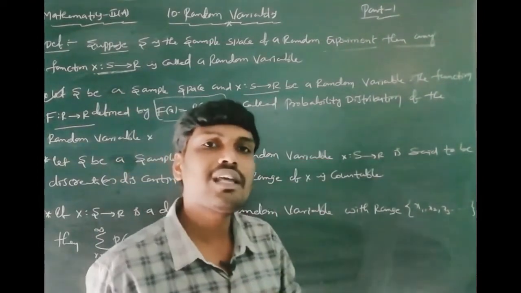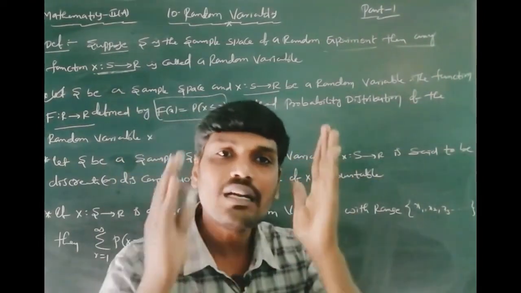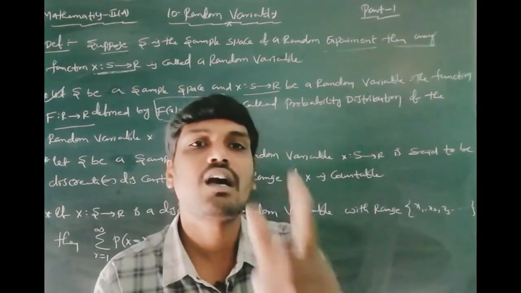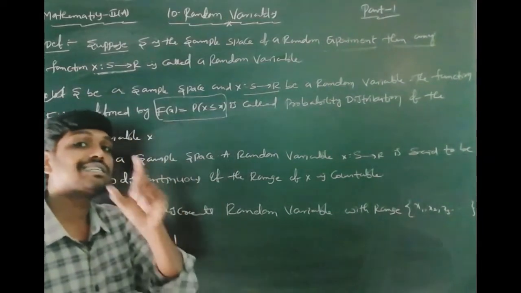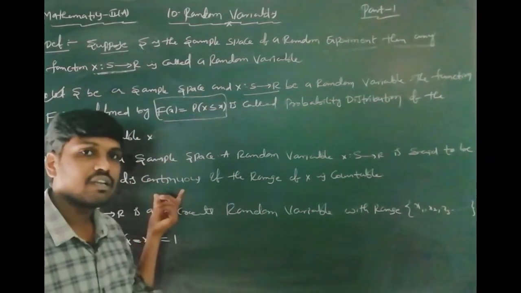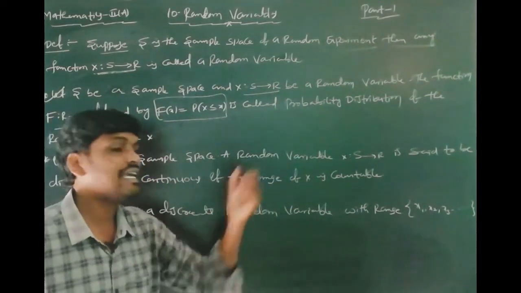X from S to R is a random variable. That random variable is said to be discrete or discontinuous if the range of X is countable.